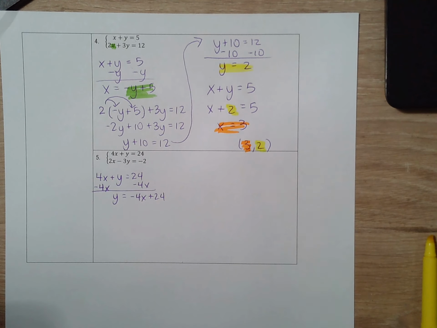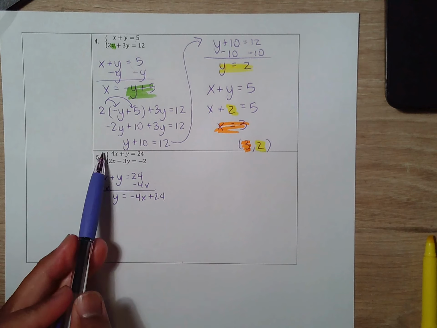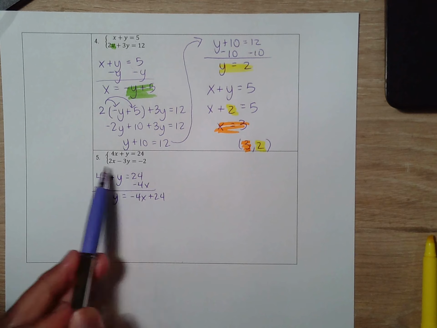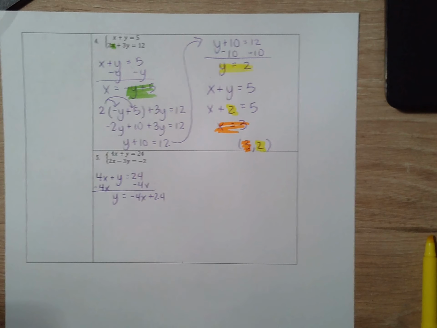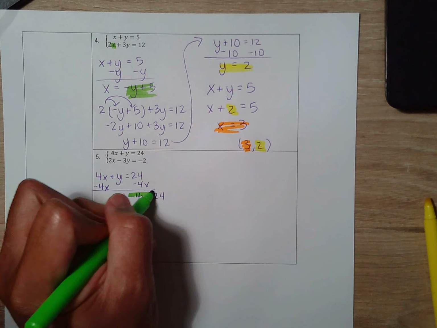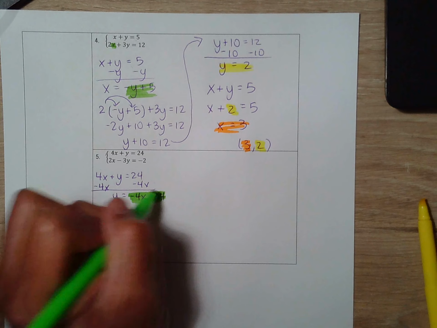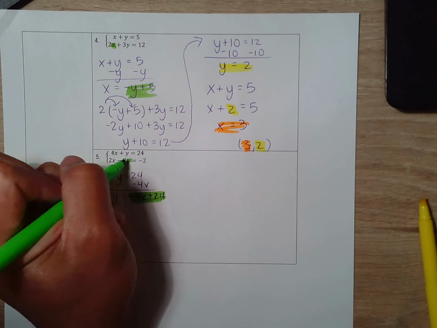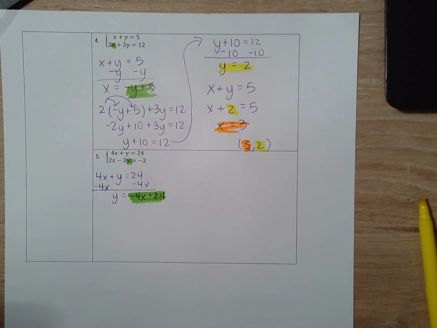All right, so now we already used this top equation, so now we have to substitute this y into this second equation. So let's see. I'm going to substitute negative 4x plus 24. Right, substitution, that's the name of this lesson. Wherever I see a y, I'm going to replace it with negative 4x plus 24.